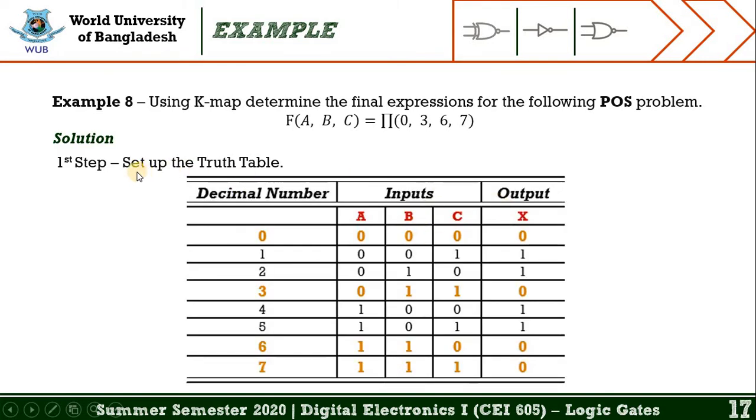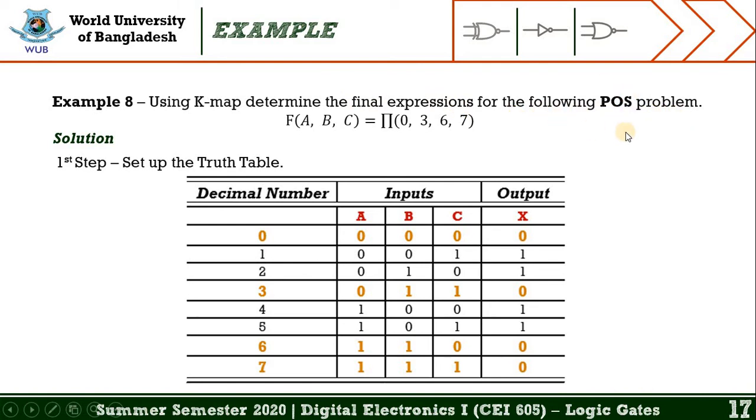And this problem is the reverse of the previous problem, as we already mentioned. The problem states: using K-map, determine the final expression for the following POS problem.